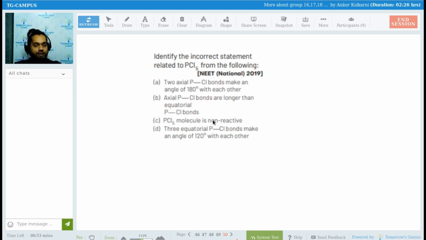Shape of the molecule, then the options. Come on.